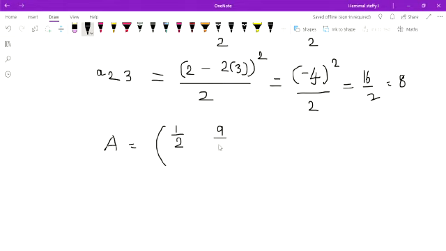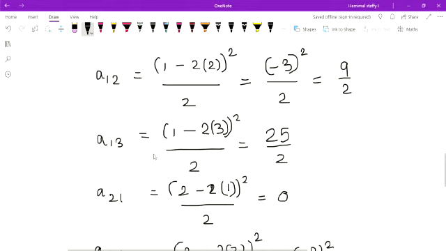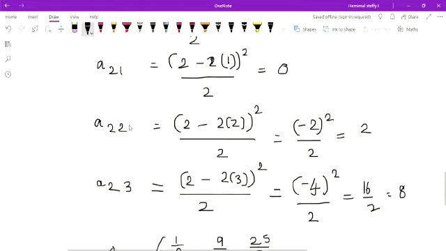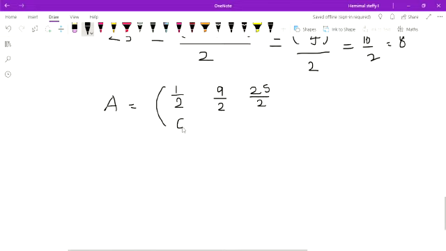The same way we follow for the next one also. The third one, 25 by 2. Then in the second row, first column, A21 is equal to 0. Then the next ones are 2 and 8.